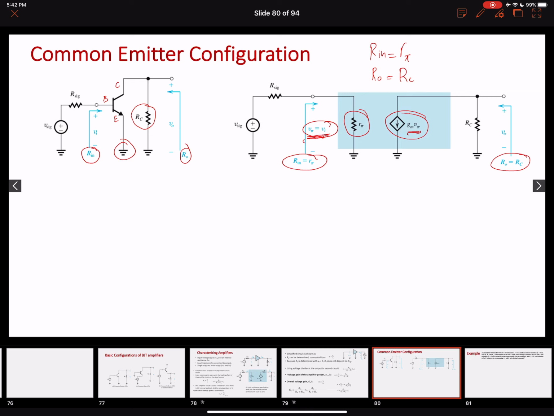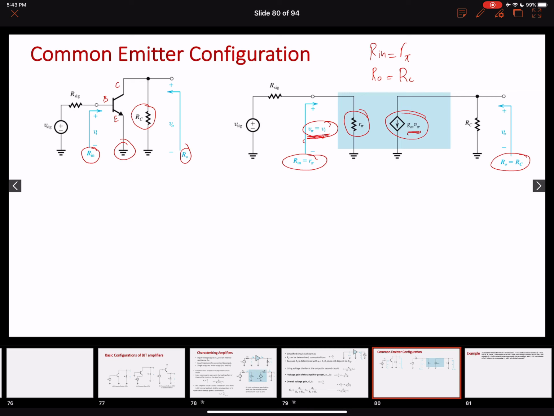So first, let me start with finding out the open circuit voltage gain. Before that, let me write down these voltage divider equations.